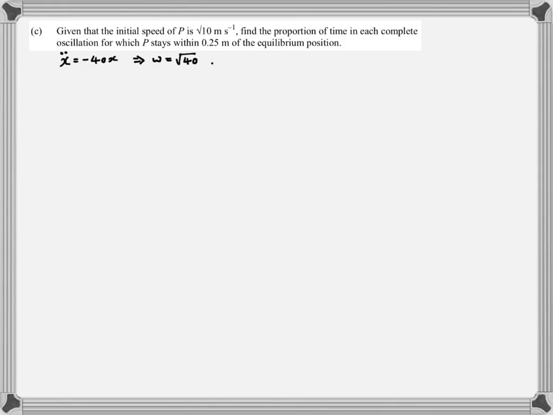Now, the key thing to realise for this part is the speed or the velocity at the equilibrium position is actually the maximum velocity it can have, i.e. Vmax, and we know an expression for that. So I can write down that Vmax is equal to root 10 as told, but Vmax actually is equal to omega A, and that allows me to deduce that A is in fact equal to 1/2.